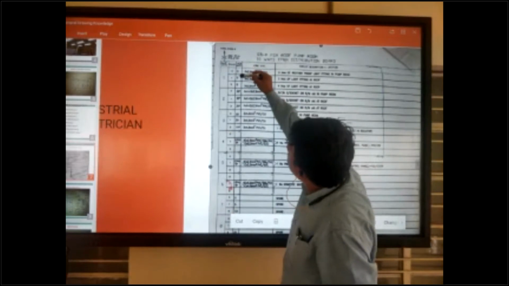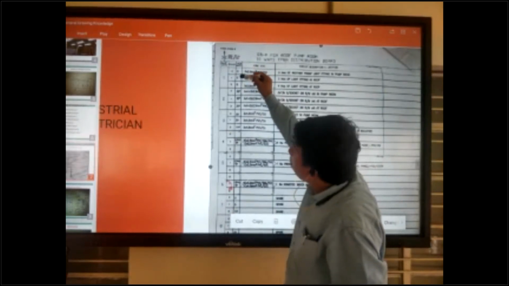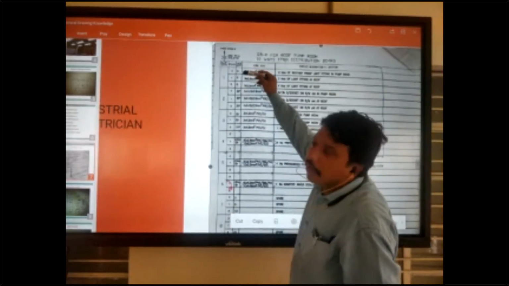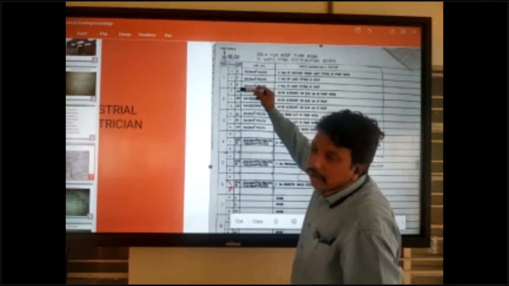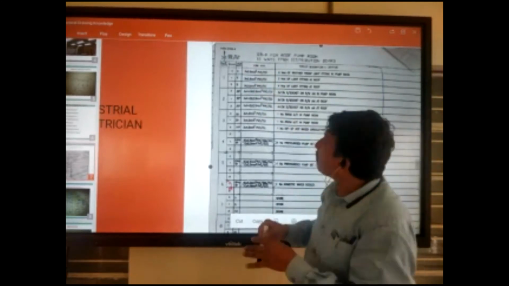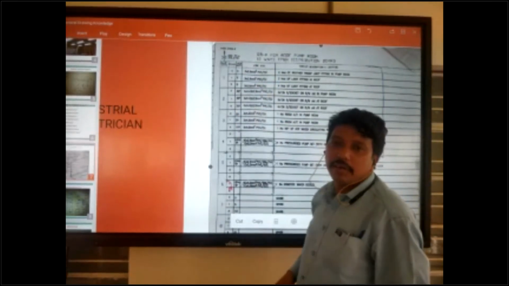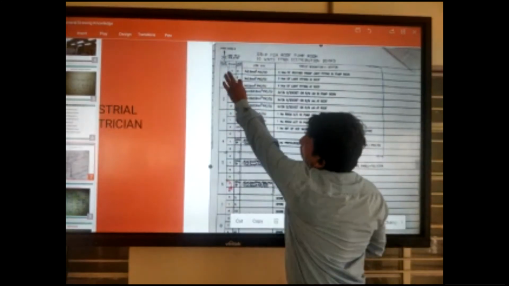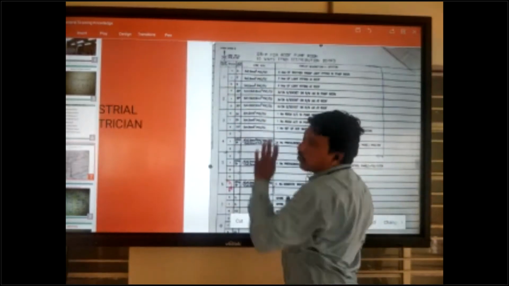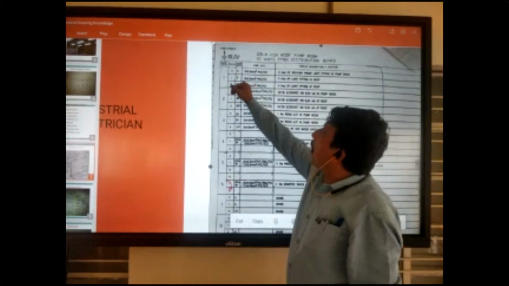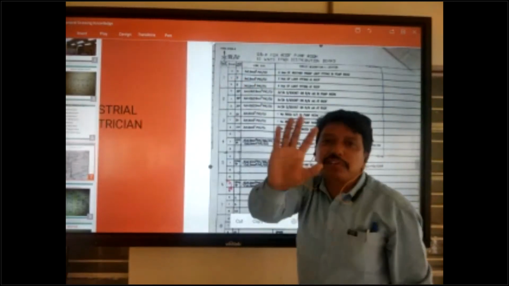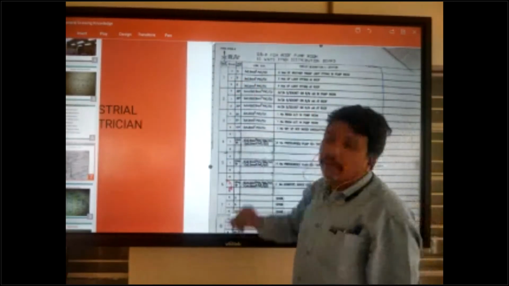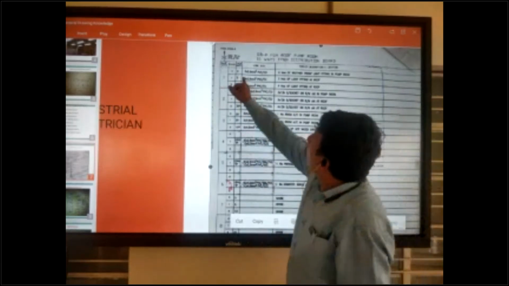If only a number is given, this means MCB. If a number comes with a star after it, this means ELCB. You can be clear about this. If only the numbering system is given, like 6, 10, 15, with no star after the number, this means only MCB.